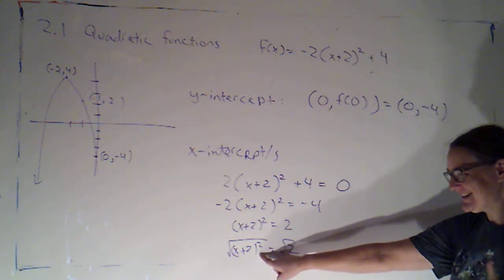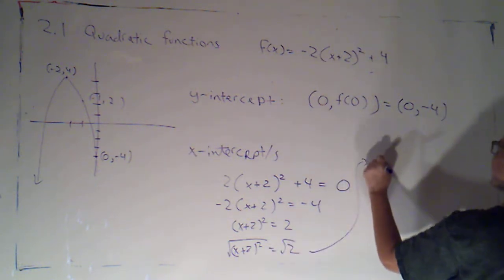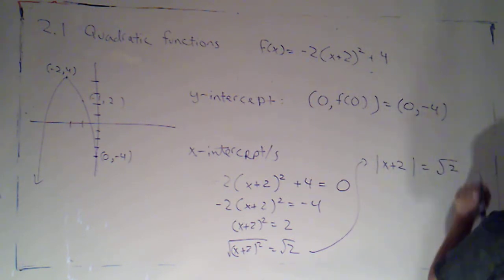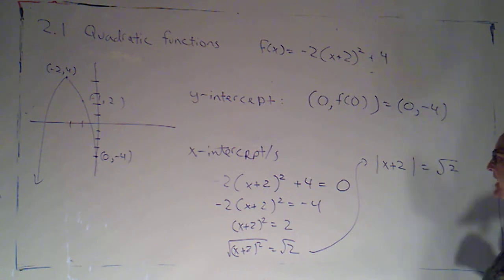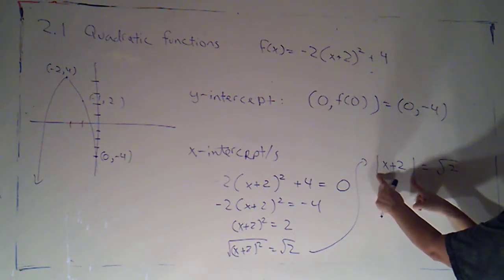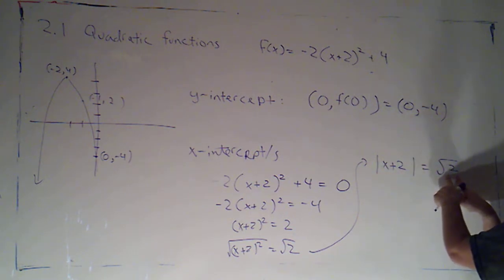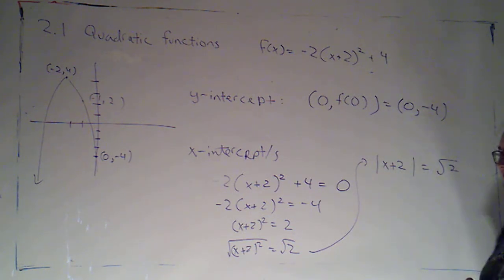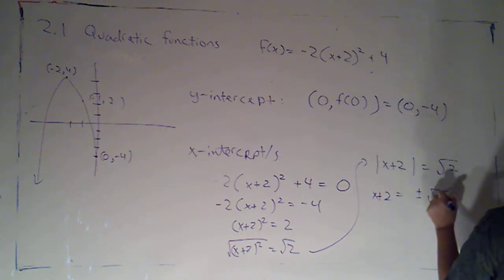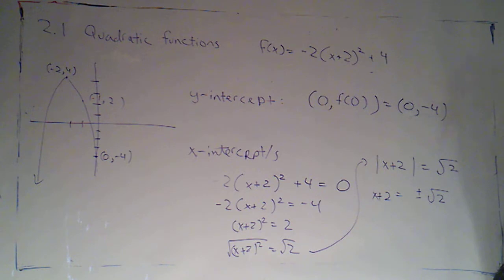That is not x plus 2. That is the absolute value of x plus 2 that equals root 2. And to get rid of that absolute value, I want to recognize there are two numbers that have this number, since it's positive, as their absolute value. So x plus 2 could be either one of those, plus or minus root 2.